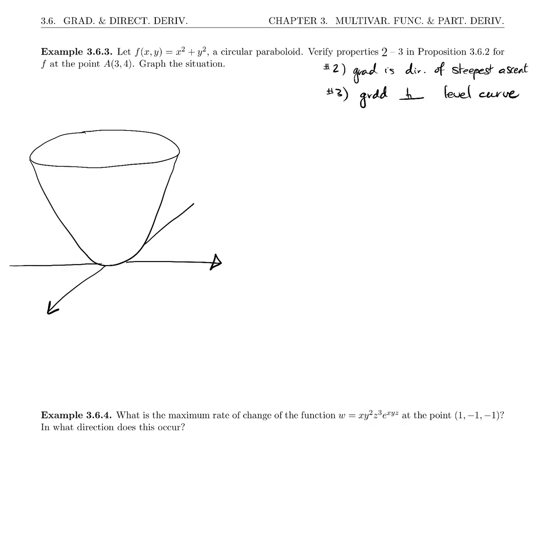So let's start by graphing our circular paraboloid. The circular paraboloid, we remember from our study of quadric surfaces, is a round wine glass type shape facing up in this case.